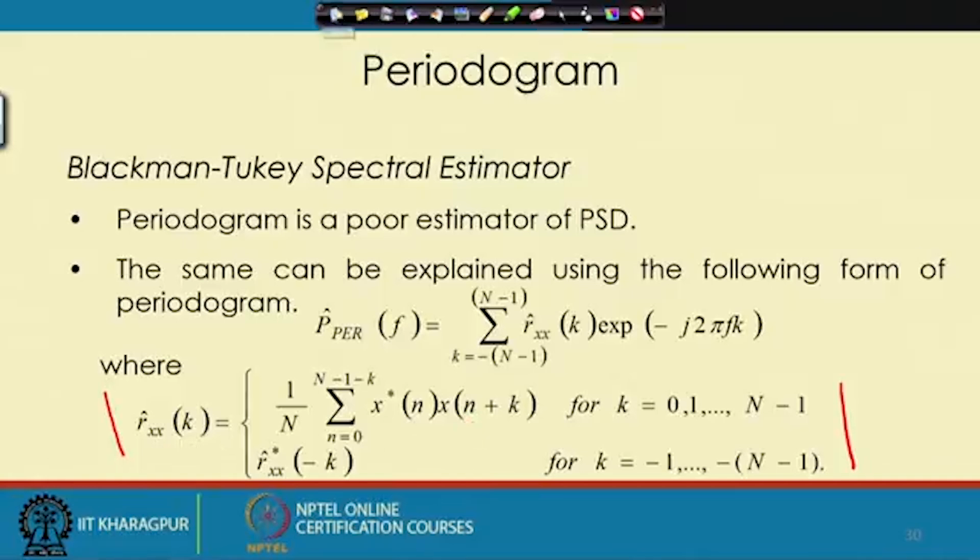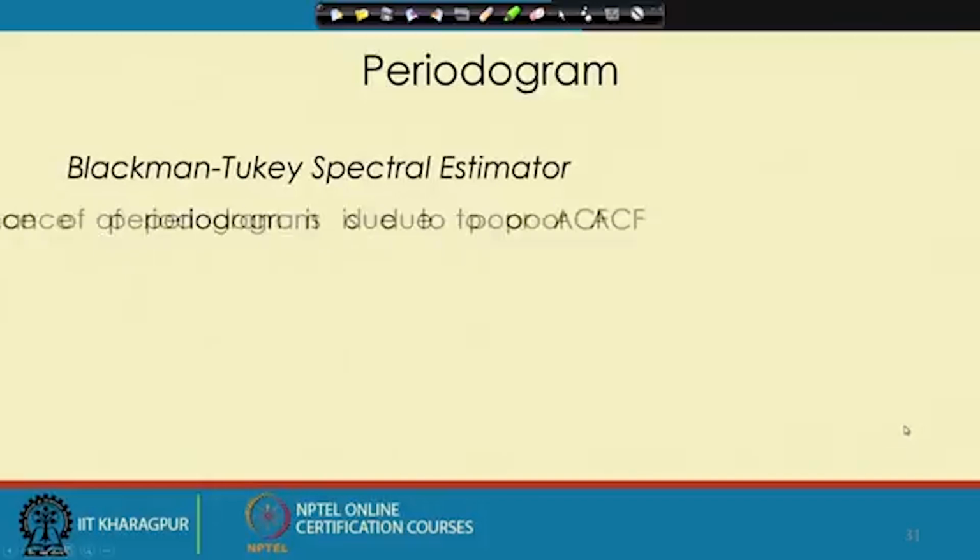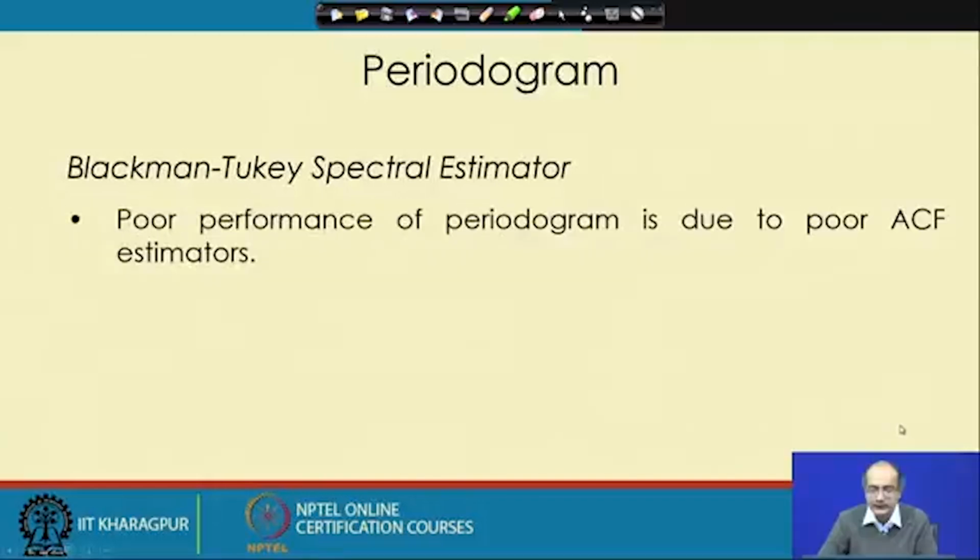Now let us proceed with the analysis. Blackman and Tukey suggested that the poor performance of the periodogram is due to a poor ACF estimator. It is true that we have not taken the ideal estimator; we have taken the estimated ACF for doing the job.